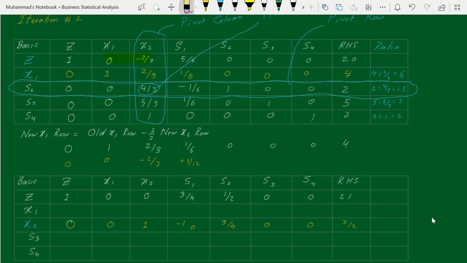I can repeat it again: you multiply minus 1 by 8 with minus 2 by 3, and that is plus 1 by 12. Fine, it's okay.